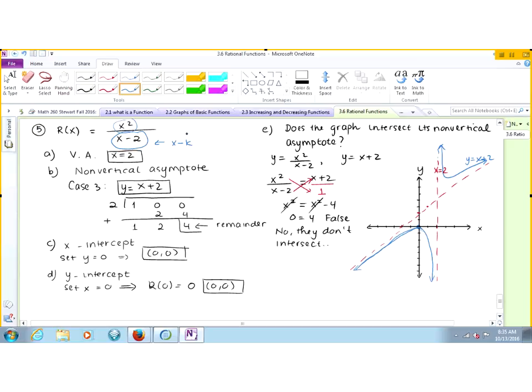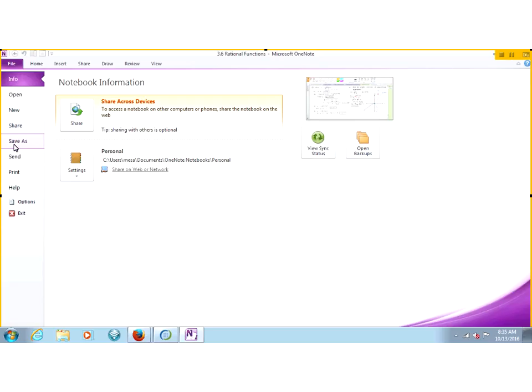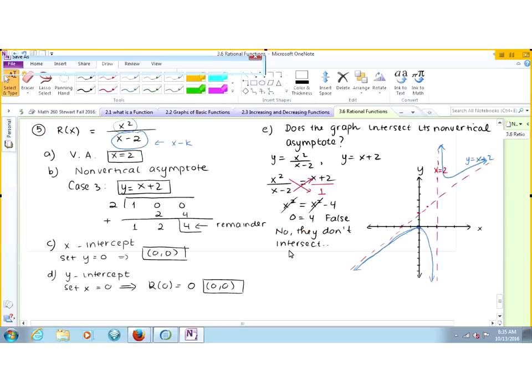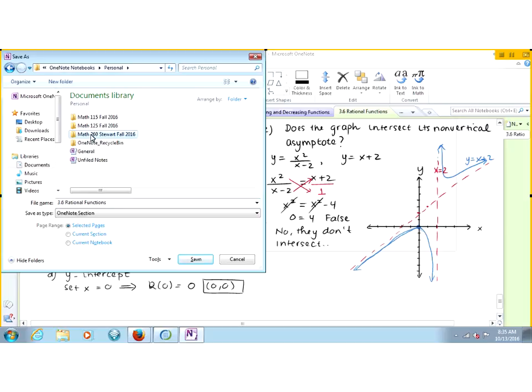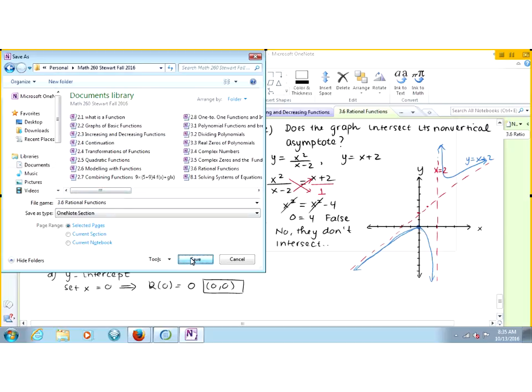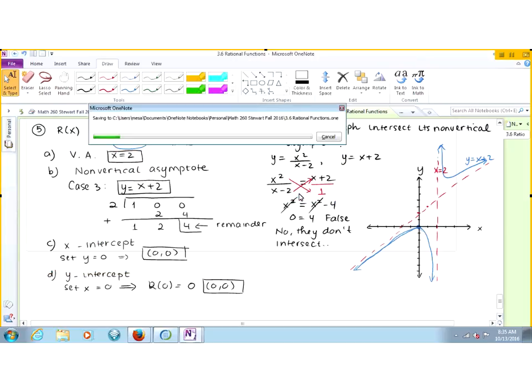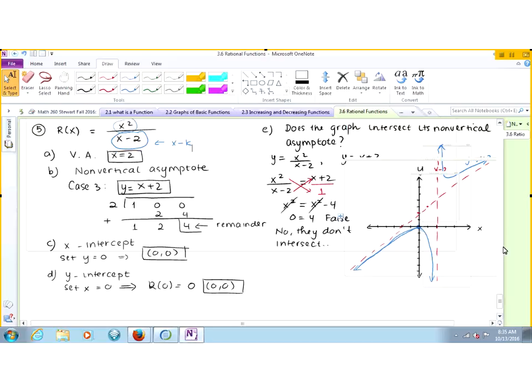Ready? All right. No, this is very simple, very easy. I think you guys will be done in 2 minutes. Let's see. So let me save this first. File, save as.